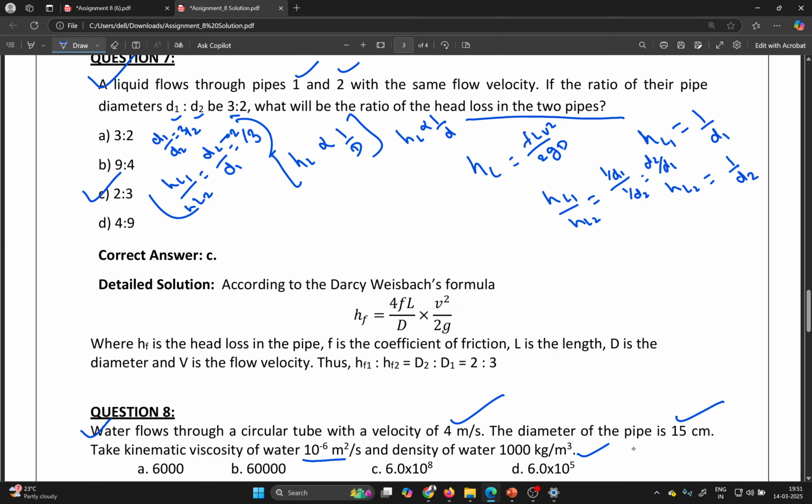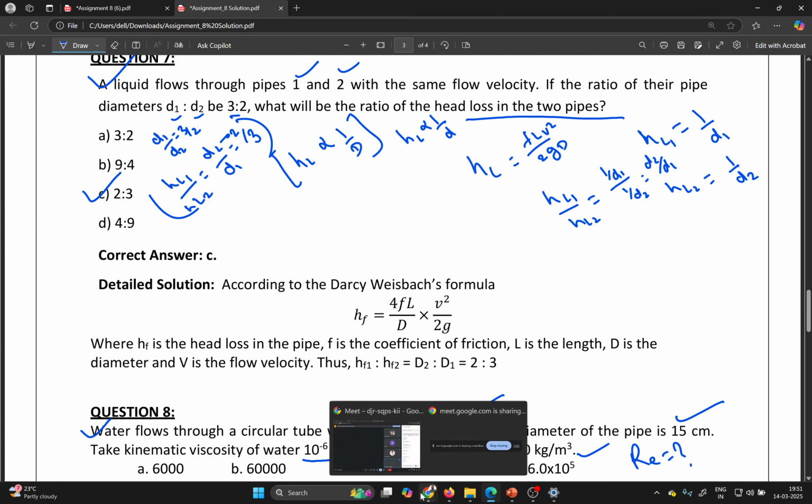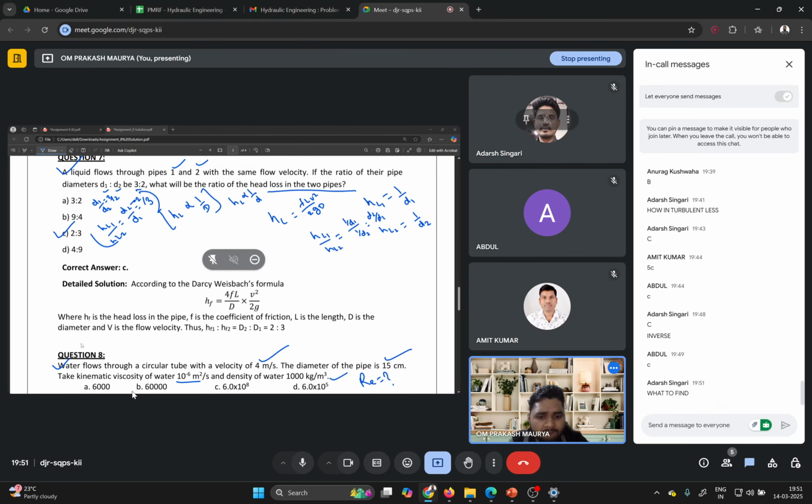Here you need to calculate the Reynolds number.